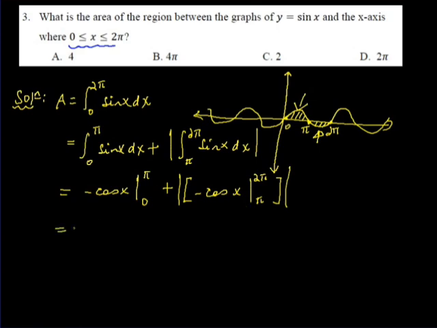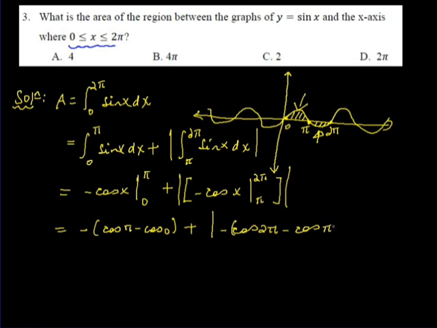So let us calculate the things. The negative of cos pi minus cos 0, plus in the absolute value we will have the negative of cos 2 pi minus cos pi.